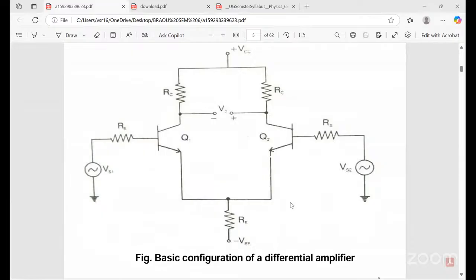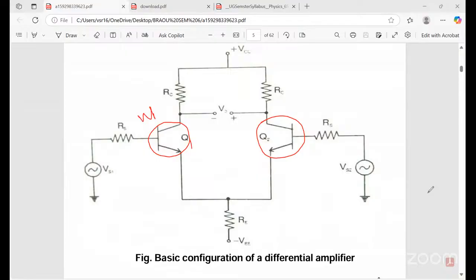You can observe the diagram for the basic configuration of a differential amplifier. Here you can see one transistor and another transistor, this is Q1 and this is Q2. What type of transistor is it?